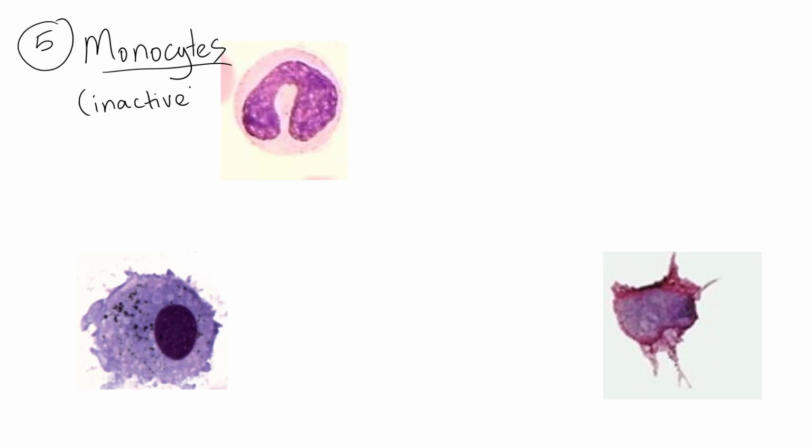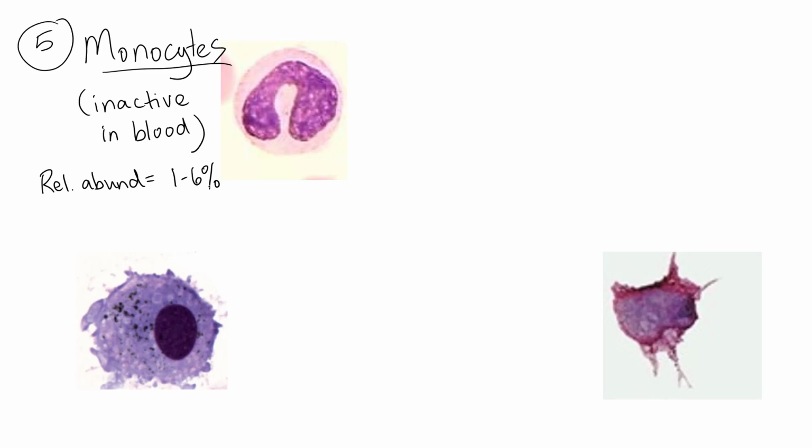They patrol in the blood in their inactive form. And their relative abundance would be 1 to 6% of total blood cells. And they patrol in this inactive form.